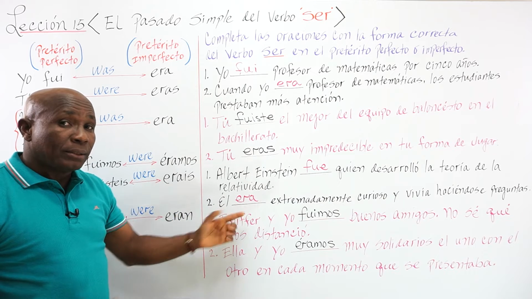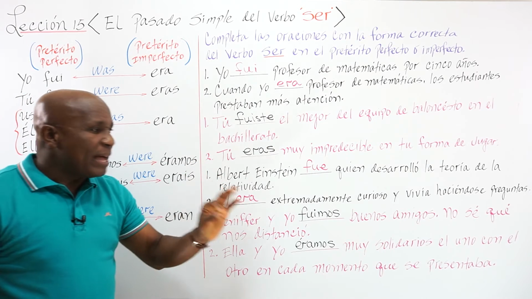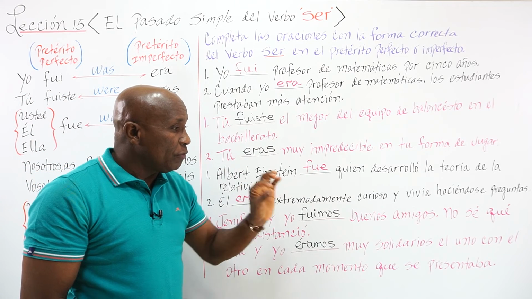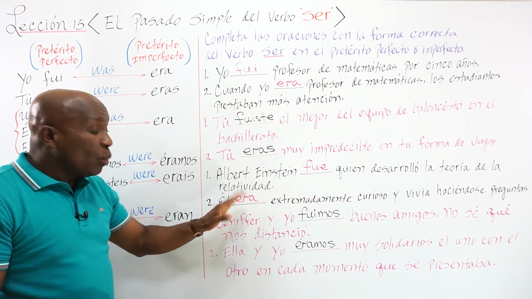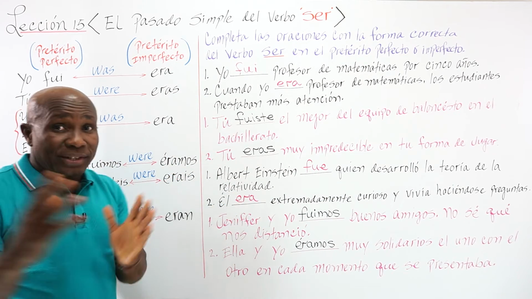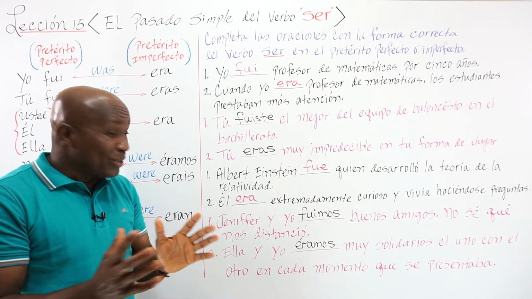Él era, put it in contrast. Él era extremadamente curioso y vivía haciéndose preguntas. He was, again, was is the same in English, but in Spanish the context is different.